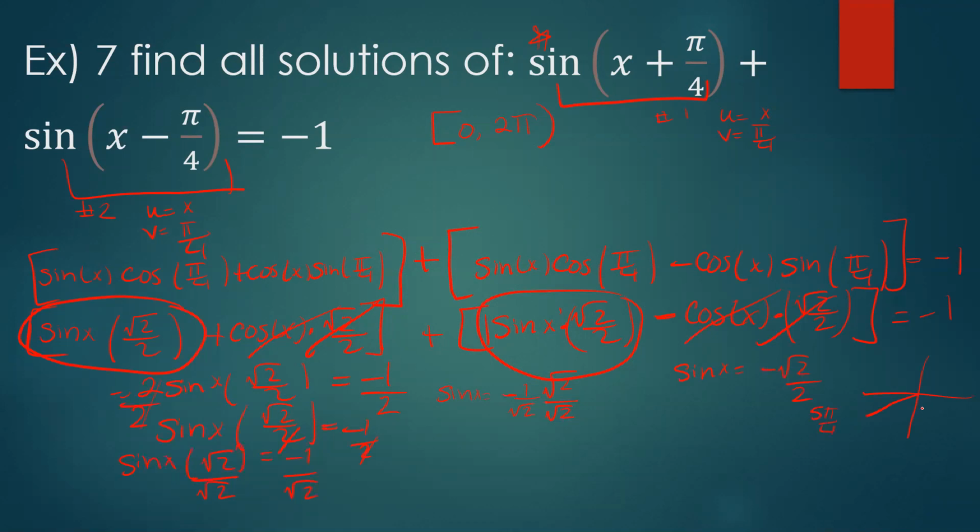And in quadrant 4, it's going to be 7 pi over 4. So your two x values are going to be 5 pi over 4 and 7 pi over 4, because we can't go around the unit circle more than once, since it's from 0 to 2 pi.